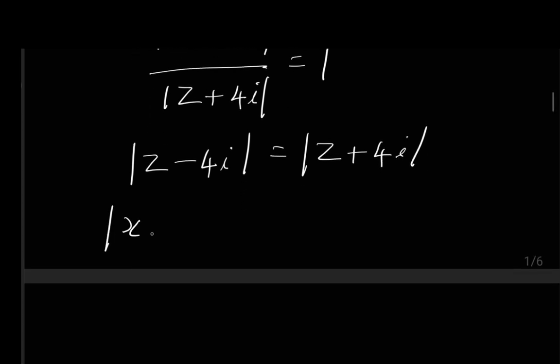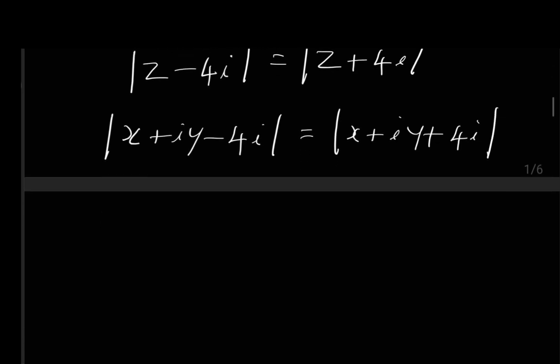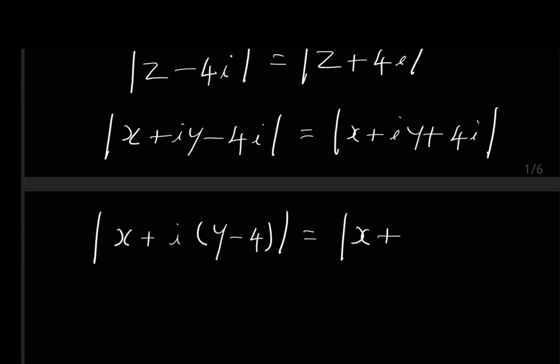Replace z as x plus iy minus 4i, and x plus iy plus 4i. So you collect the real part and imaginary part separately: x plus i common, y minus 4, and x plus i common, y plus 4.